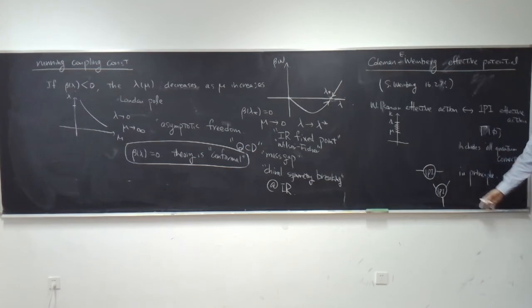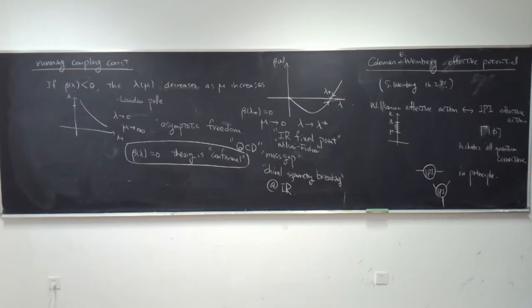So in principle, gamma encodes all the quantum corrections. But in practice, it's very difficult to compute gamma.